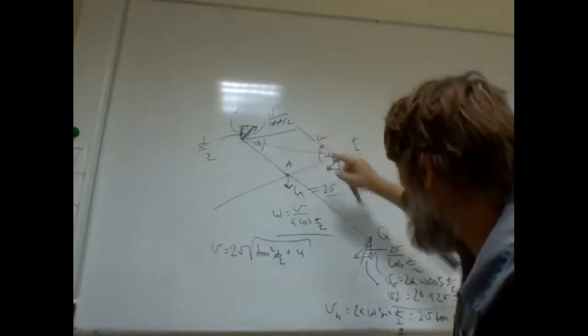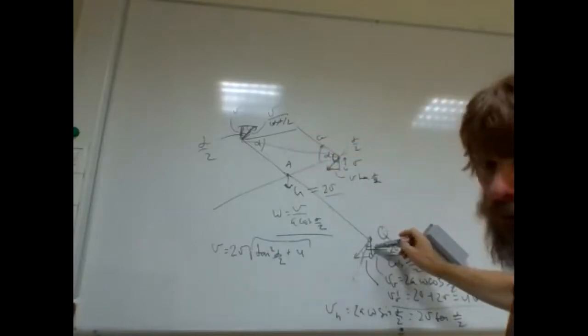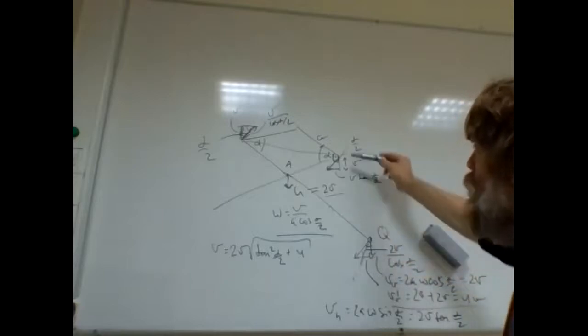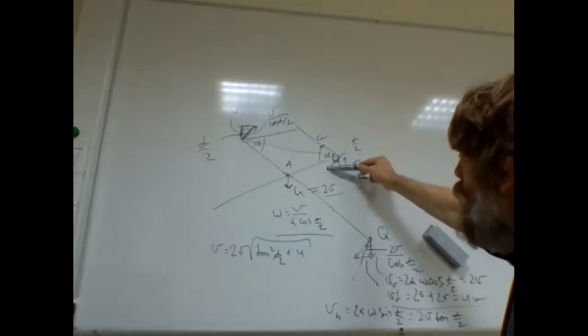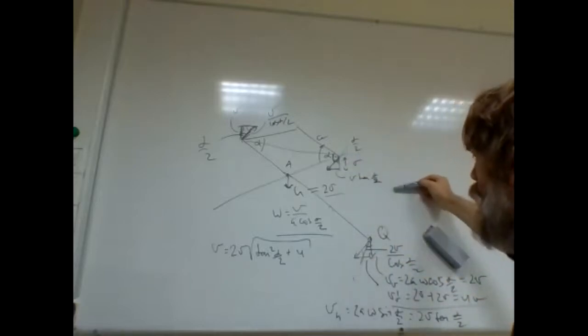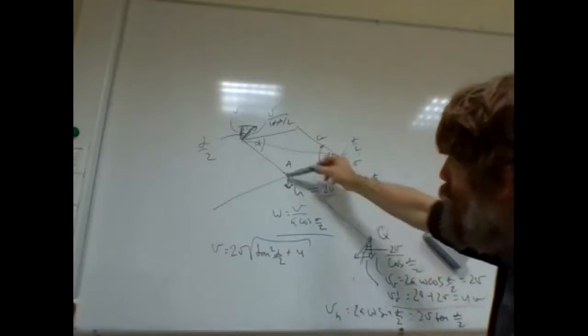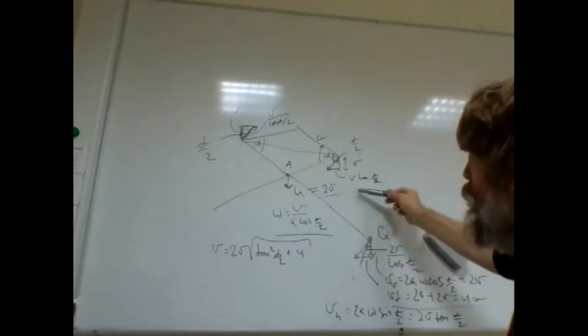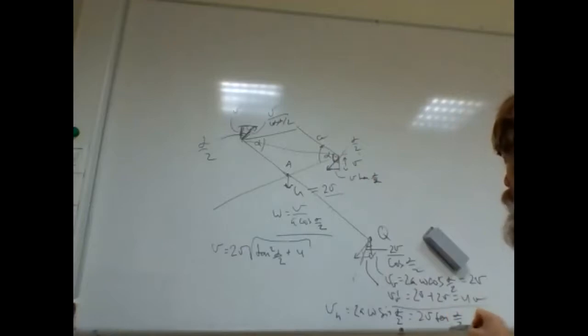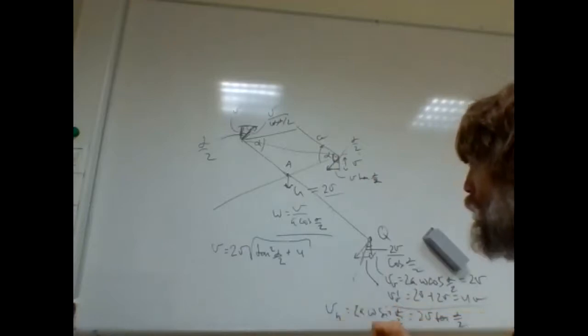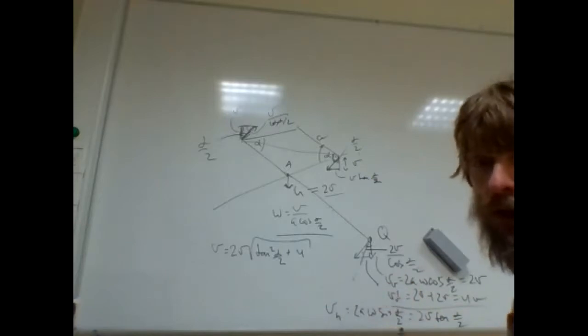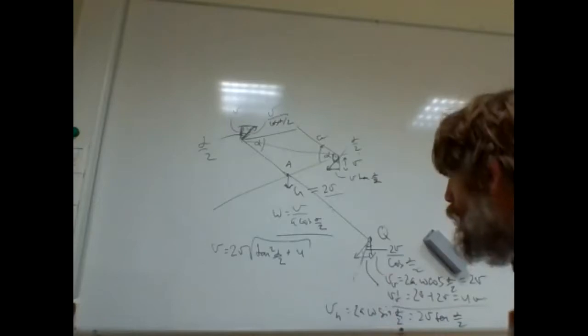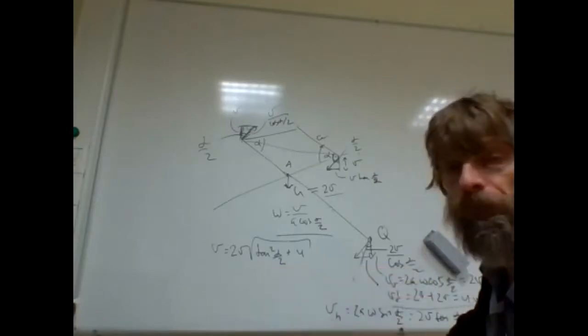So from similar triangles, we can conclude that this point here goes down with speed v, and this point goes horizontally with speed v tangent alpha over 2, and so this is a 2 times bigger triangle. So we could have obtained the horizontal component of this point Q in an easier way also. Okay, but the answer is still this.